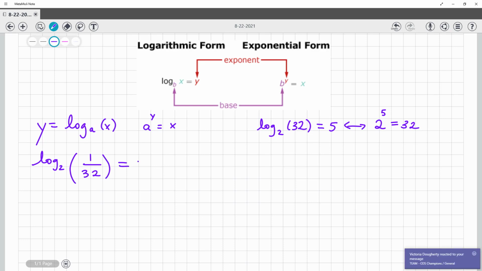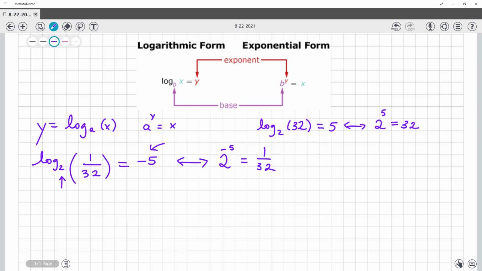Sometimes these can be a little tricky if you don't remember negative exponents. So let's say I have something that looks like this, and now, based on wanting to rewrite this, we said to use the base. So the base is 2. What this log equals is the exponent, and it says this equals 1 over 32.